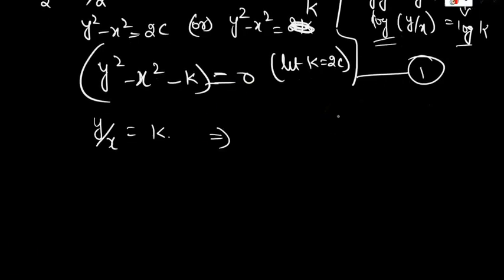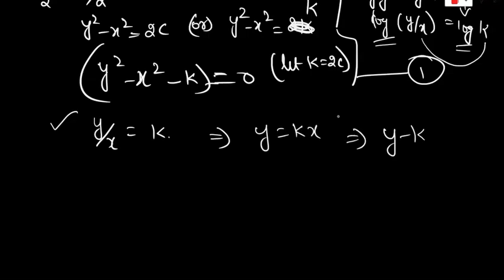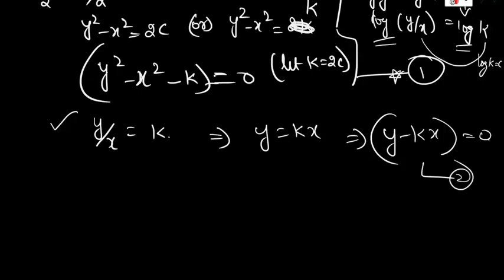Log of A is equal to log of B means A should be equal to B, therefore y by x is equal to K. Therefore y is equal to Kx, which implies y minus Kx is equal to 0. Here I can substitute log K is equal to C, because that is what we have done. Already we have got one answer, equation 1. Now this is equation 2.